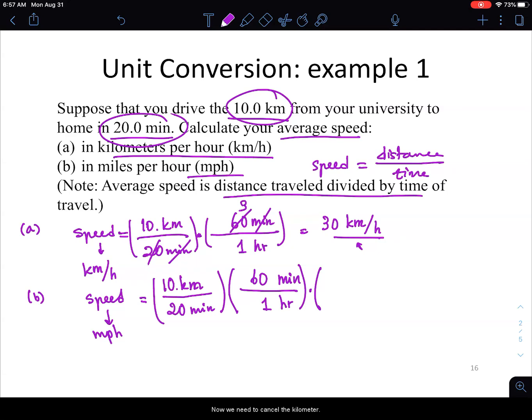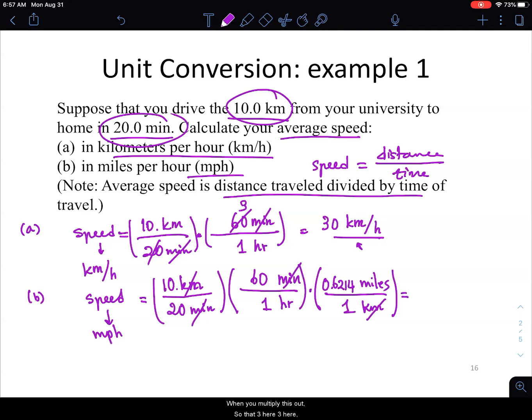Now we need to cancel the kilometers and be left with miles. So now we get miles per hour. So you look up the conversion factor. It will be something like 1 kilometer is 0.6214 mile.